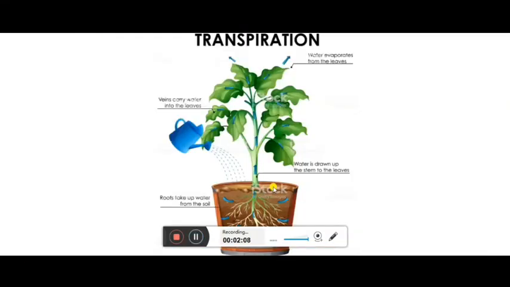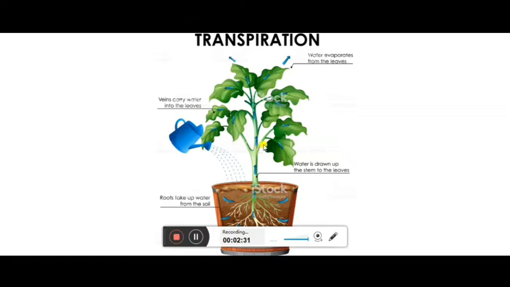Now the question arises here, why is there a need to remove the excess water from the plant? So here you see that when the roots absorb water, they continuously absorb more and more water from the soil.